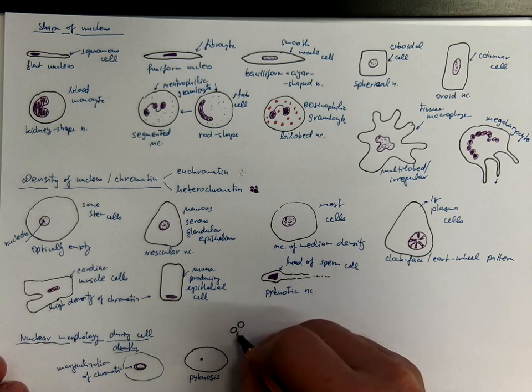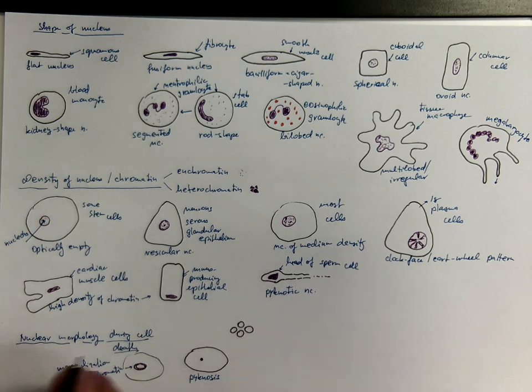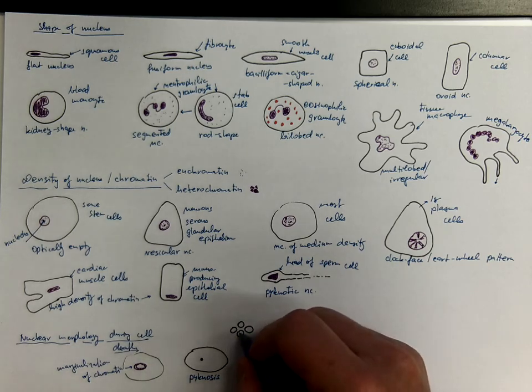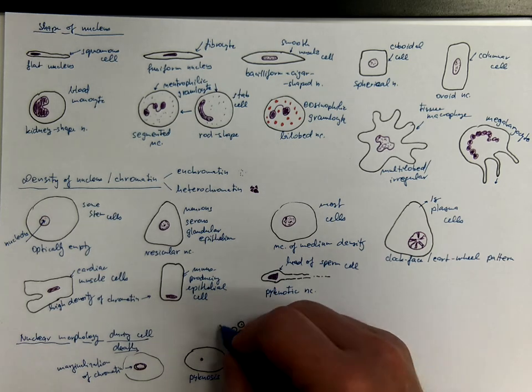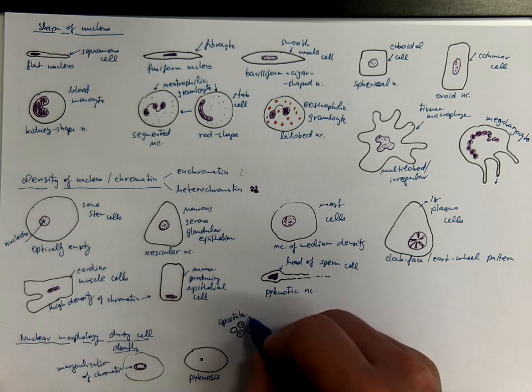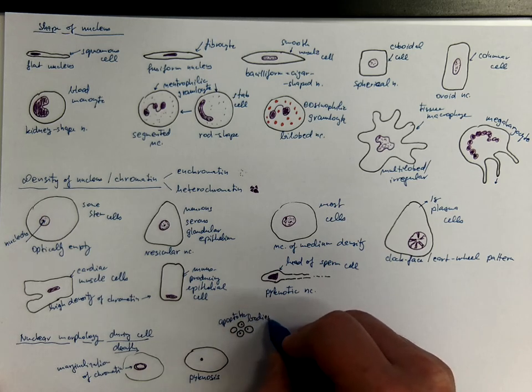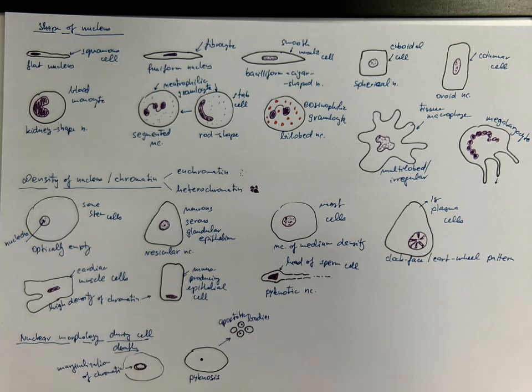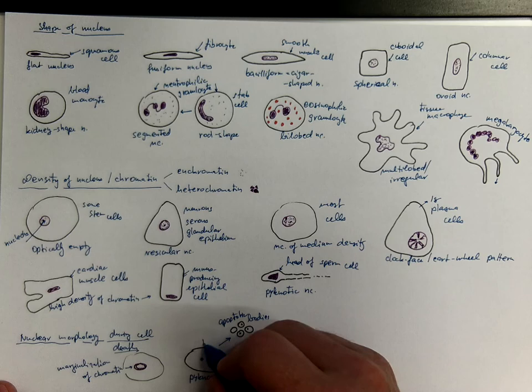So during the programmed cell death, the apoptosis, we got more apoptotic bodies or fragments. With the fragments of the pycnotic nuclei, it splits actually.